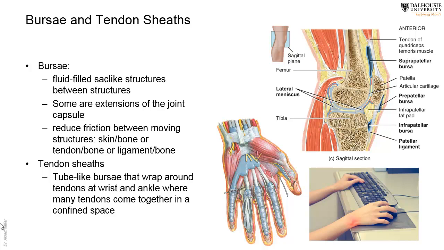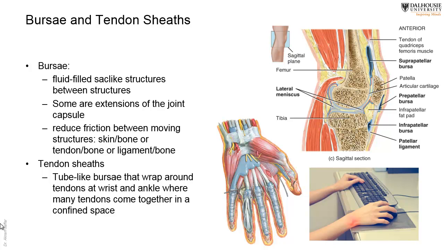The tendon sheaths are tube-like sheaths that wrap the tendons. For example, here, the long tendons of the muscles of the forearm that move the digits, we probably mentioned something about them last time. As these tendons reach the wrist region, they are wrapped by this bluish structure here. These are called the tendon sheaths.